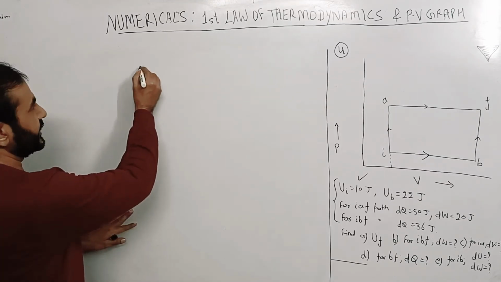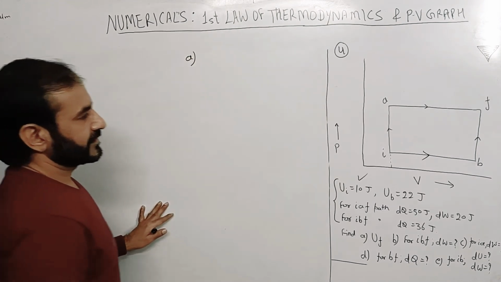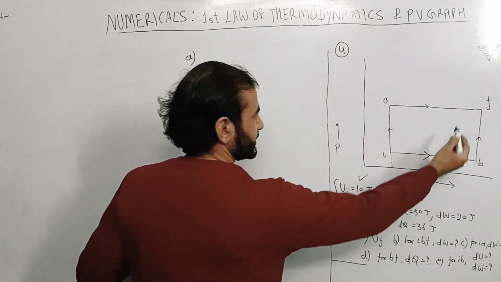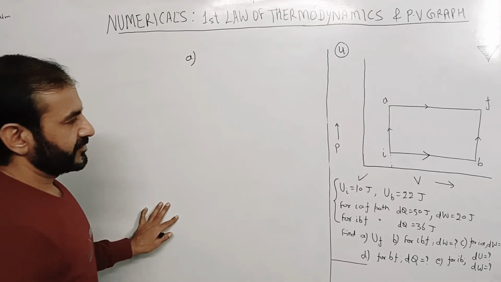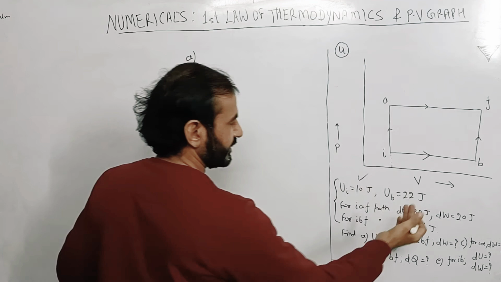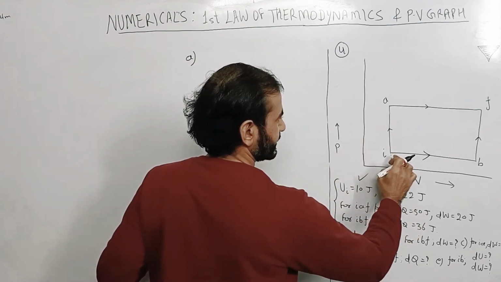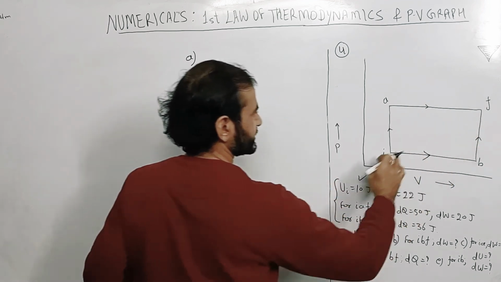First part, A part. UF, internal energy in state F, is to be found. For UF, we can go via any path, but the change of internal energy between initial and final state will be the same.